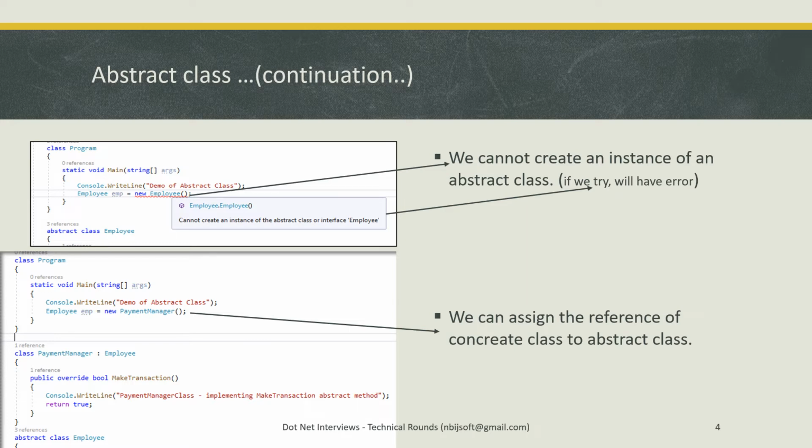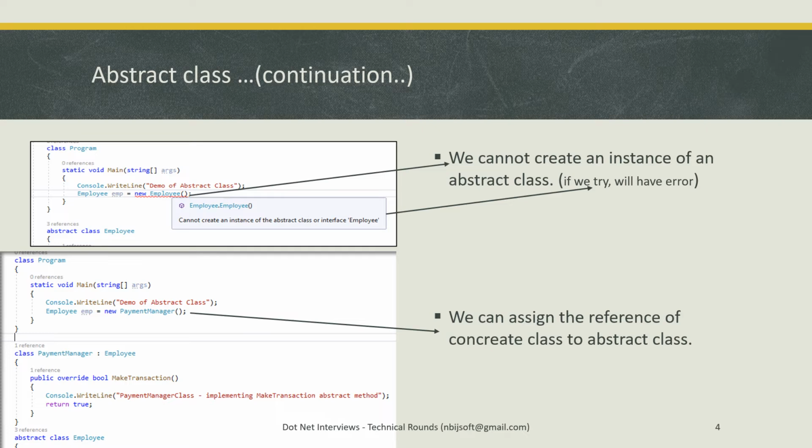So there is a question in mind: why should we use abstract classes, abstract members and their functions, and how are we going to use them in our program? We can use them by inheriting them in a child class.